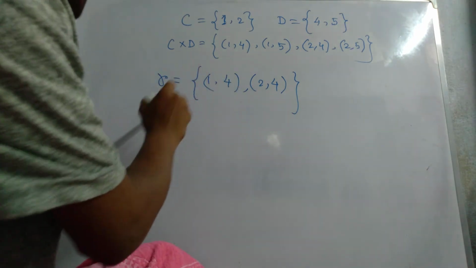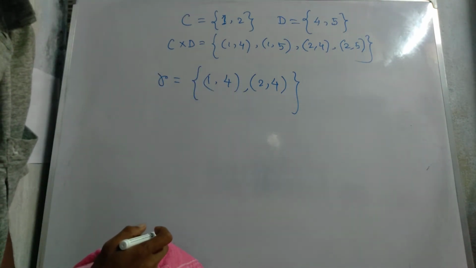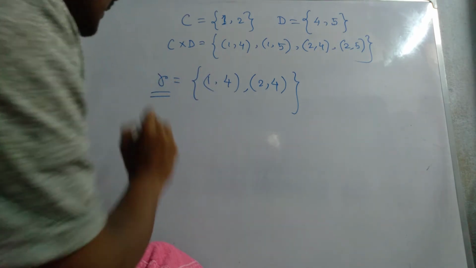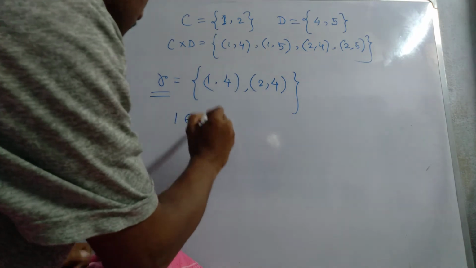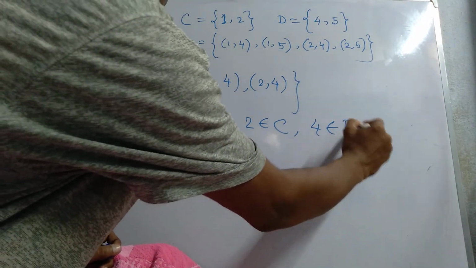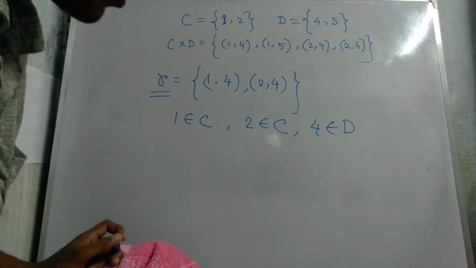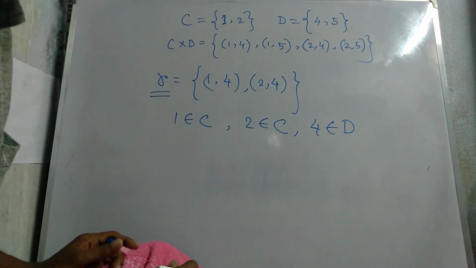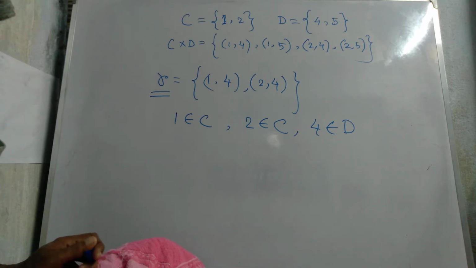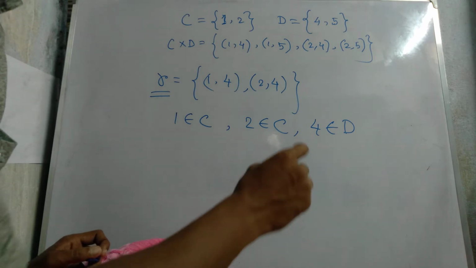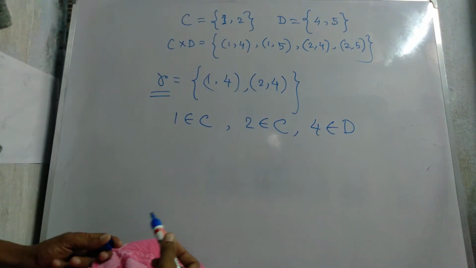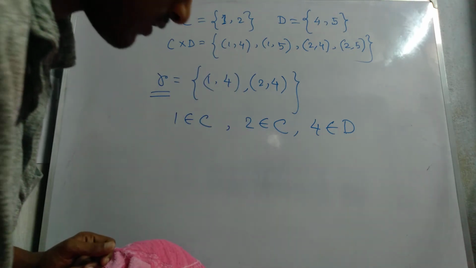Here R is a rule of assignment, because 1 belongs to C and 2 belongs to C and just 4 belongs to D. So the domain of R must be C or a subset of C, not necessarily the full C. And the image set of R is obviously a subset of D, just the singleton {4}.